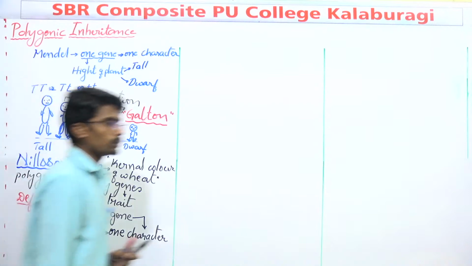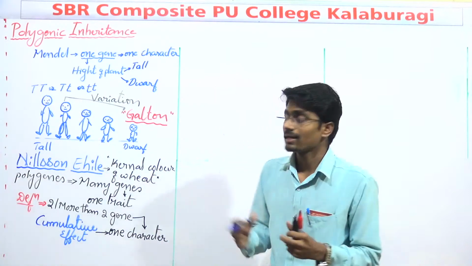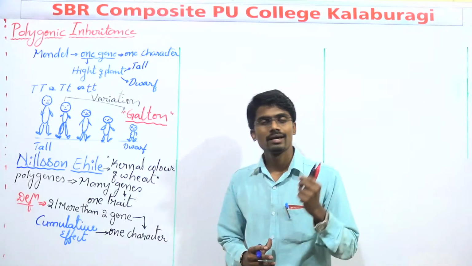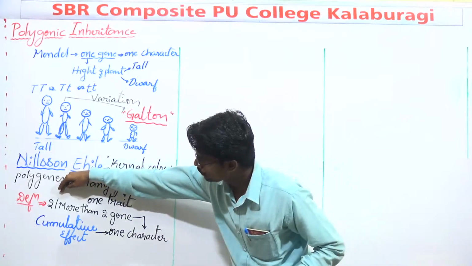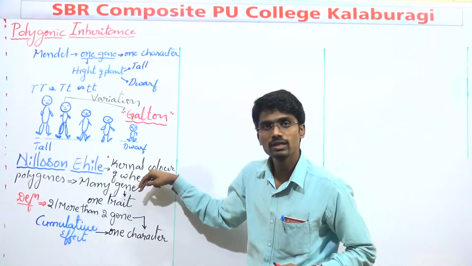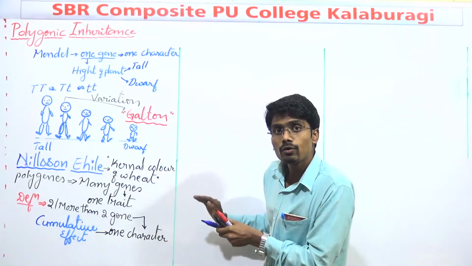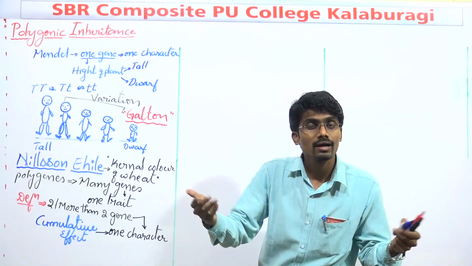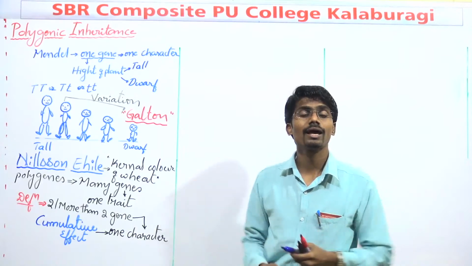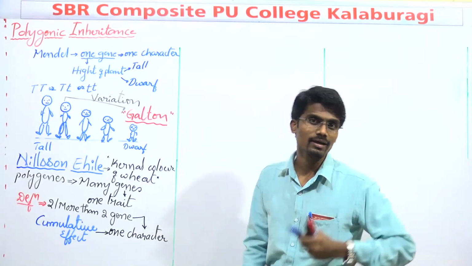Which effect does it give here? Cumulative effect. And that is known as polygenic inheritance. Just to remember: two or more than two genes control one character in a cumulative manner, and such inheritance is known as polygenic inheritance.